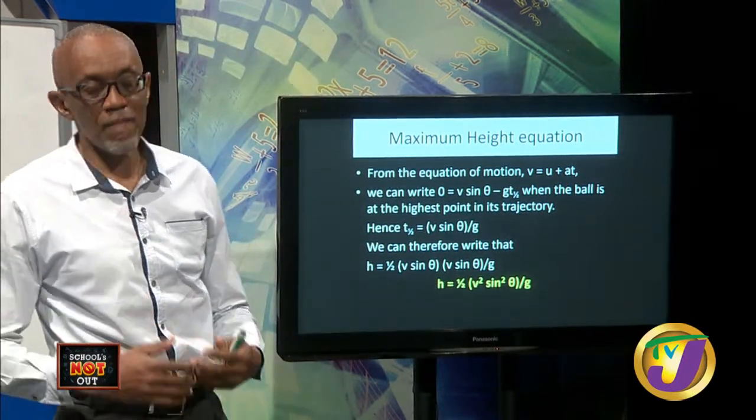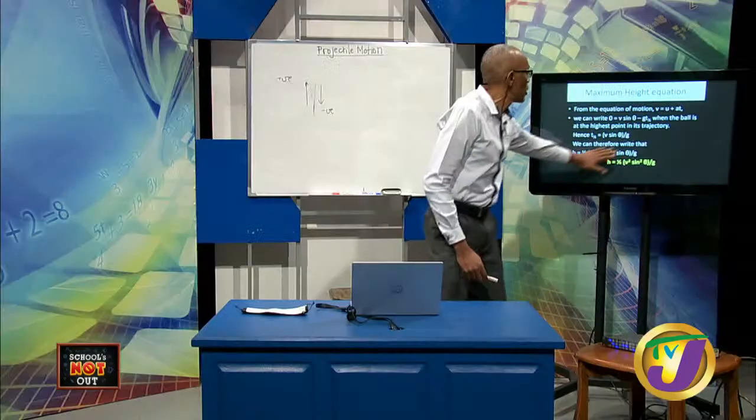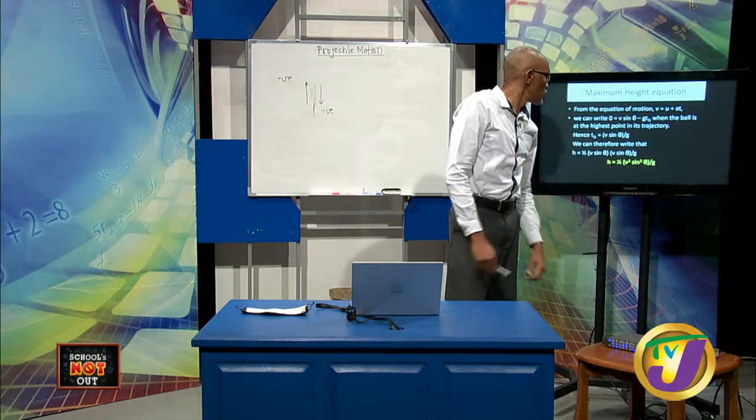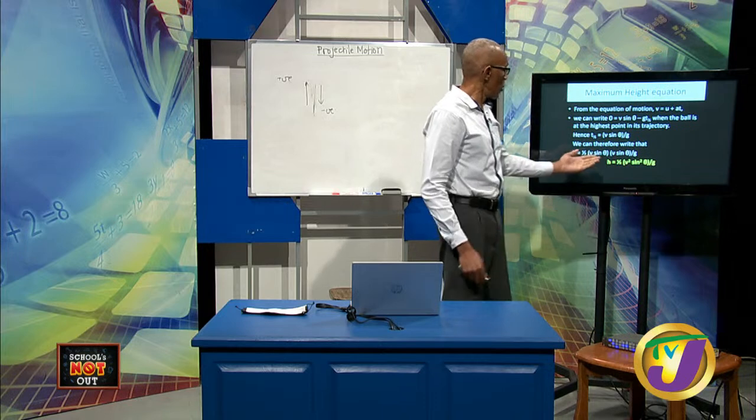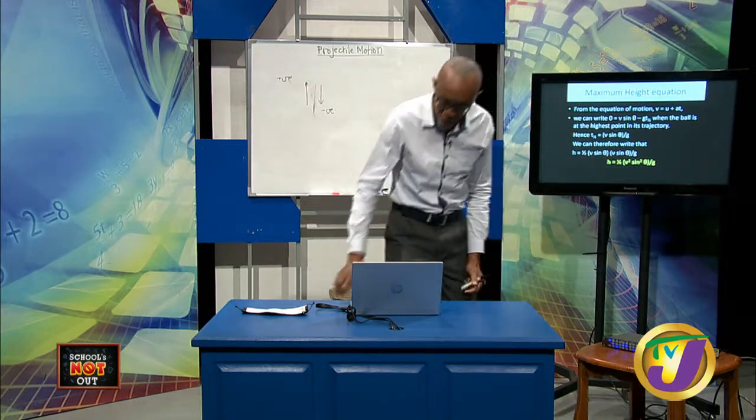And that's an equation that comes out of the analysis from the velocity time graphs of the projectile motion. This is an important equation that you will use, and you may have come across it if you have done it from that other different approach.